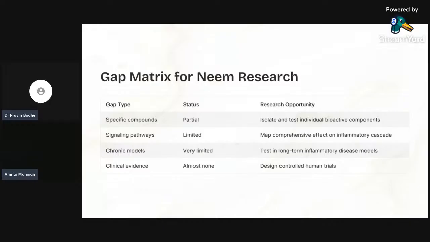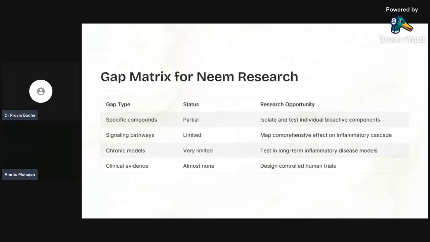So these are the gap matrix for neem research. There are basically four types of gap matrix shown here. For example, specific compounds: the status is partial. They have mentioned only two or three specific compounds.